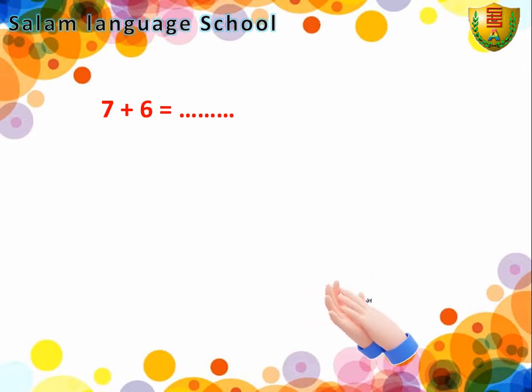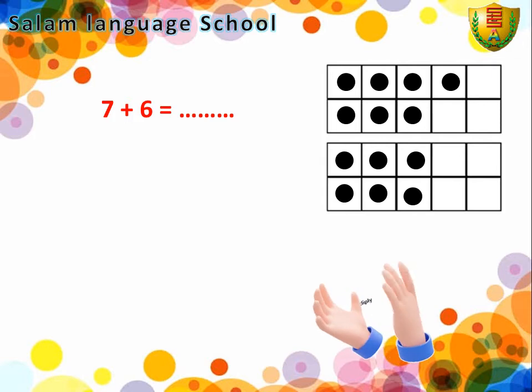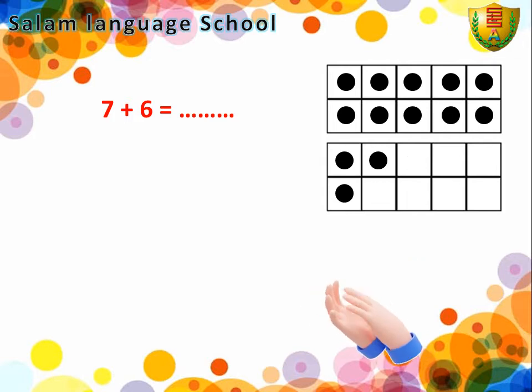7 plus 6. Let's answer this math problem. 7 dots in the first 10 frame. 6 dots in the second 10 frame. The first 10 frame has 3 empty squares. We move 3 dots from the second one.